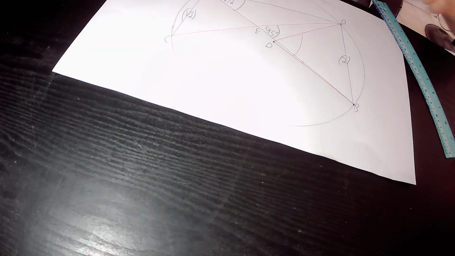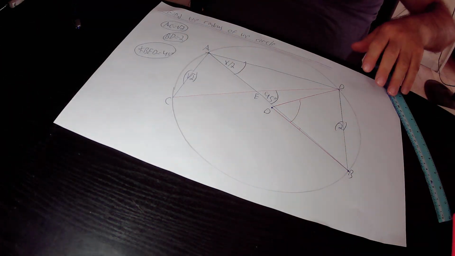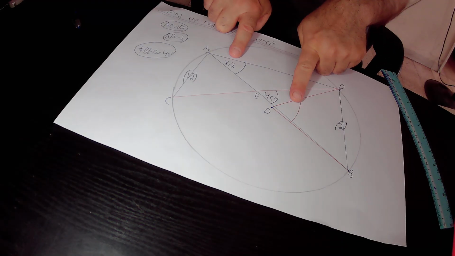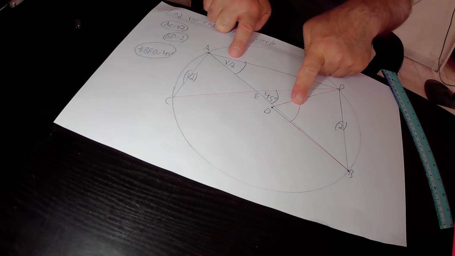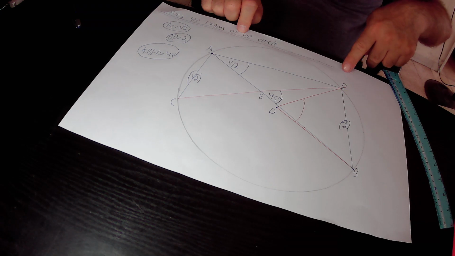Okay, so we can actually implement rule 13 in our drawing. Why? Because in our drawing those two angles are both subtended on chord BD.